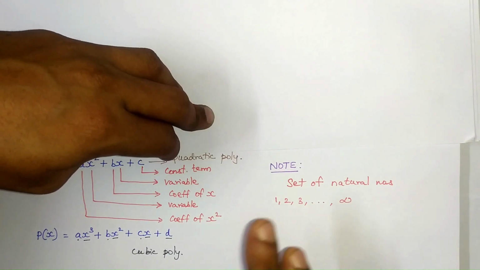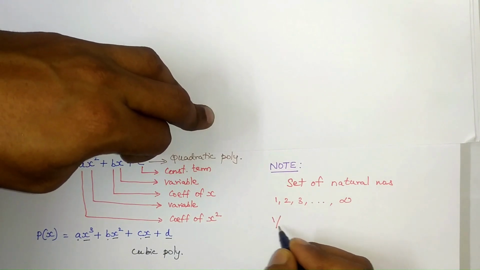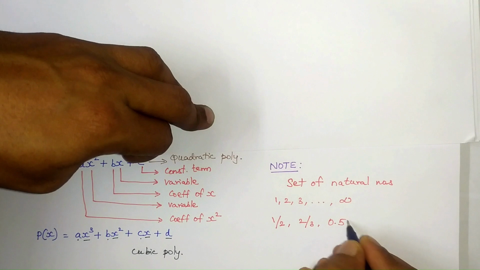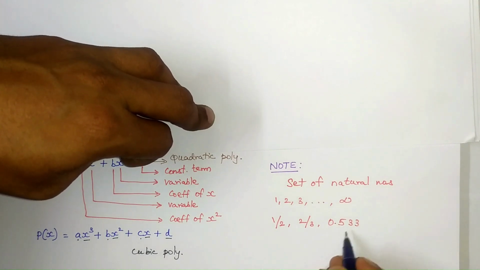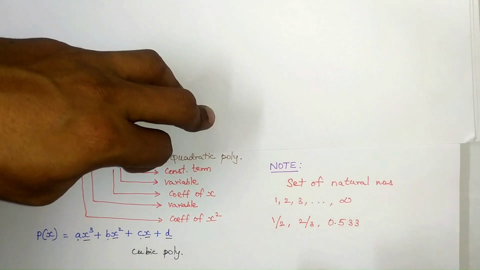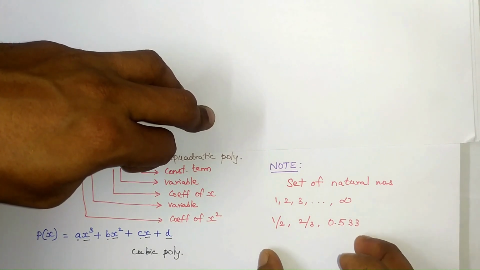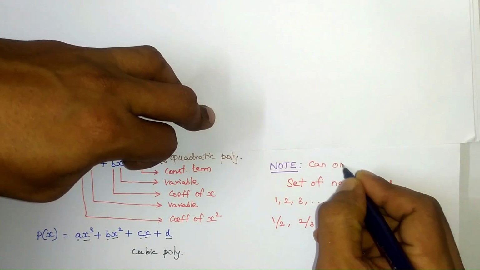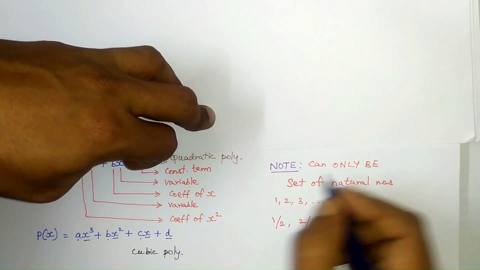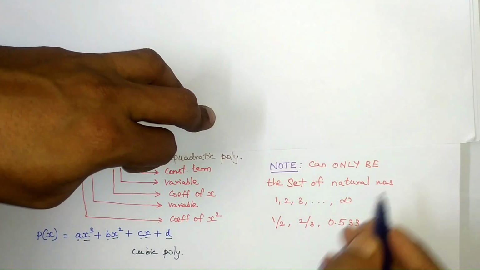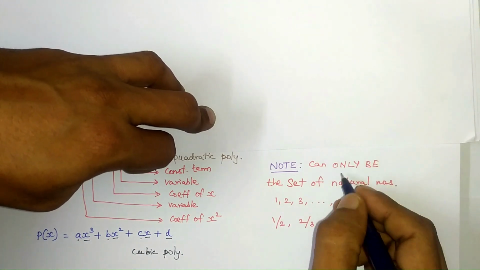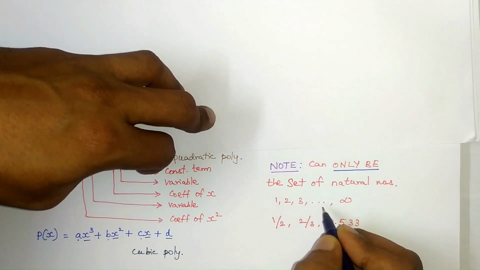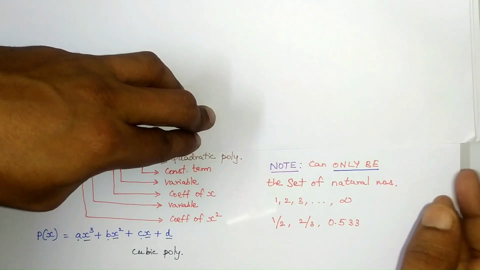That means the degree cannot be 1 by 2, 2 by 3, or any decimal like 0.533. These types of decimals or fractions are not allowed as a degree. The degree of a polynomial can only be a natural number, like 1, 2, 3, 4, 5, 6 up to 100,000 up to infinity.